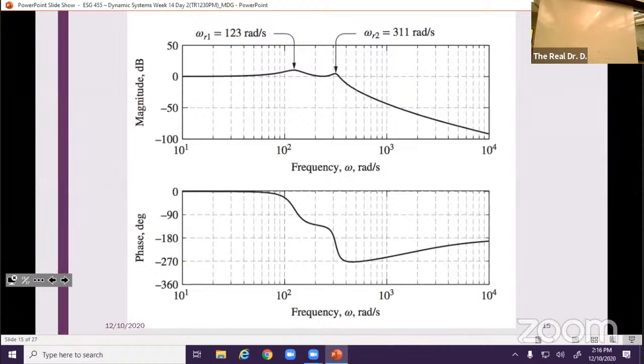Why don't we want to operate things at resonant frequency? Great question. Because if you're a mechanical engineer or a biomedical engineer, shaking things near the resonant frequency is bad. Remember the transmissibility plot that I showed earlier? The closer you are to beta equal to 1, which is omega equal to omega n, the closer you are to resonance, you will get large spikes depending on how much damping ratio you have.